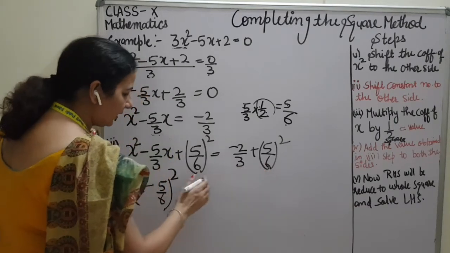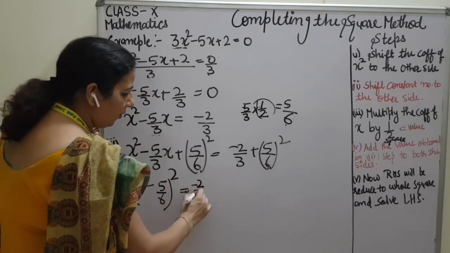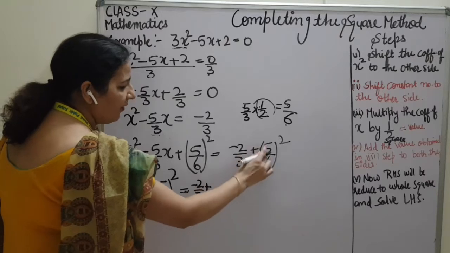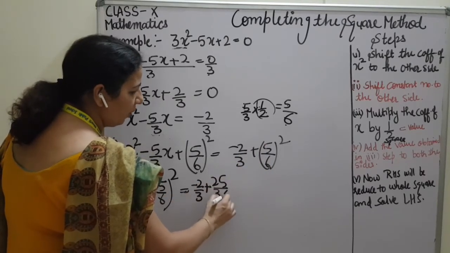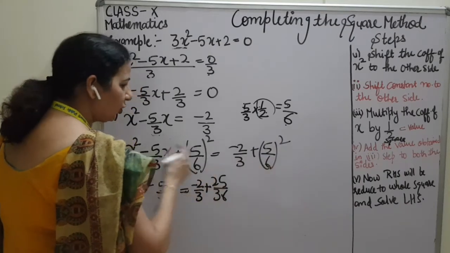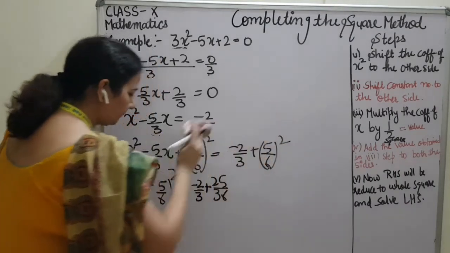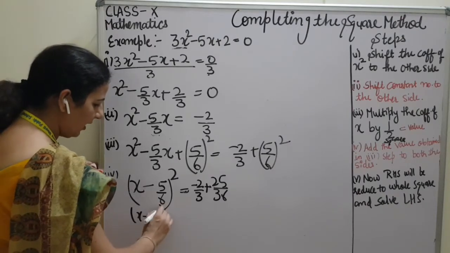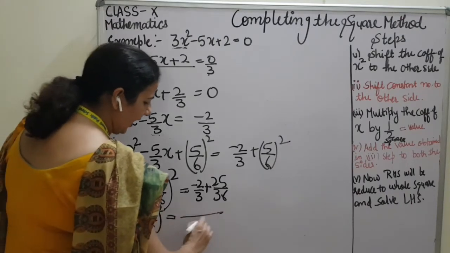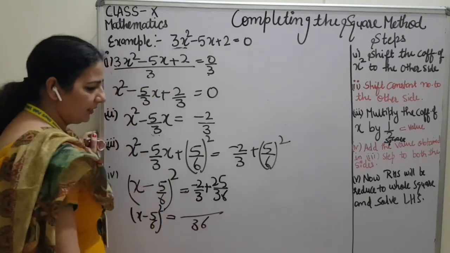And equal to, this side you have to solve. How will you solve this side? Minus 2/3 plus 5/6 means 25/36, because the whole square is there. So how will we write now? X minus 5/6 whole square is equal to, take the LCM, the LCM is 36.